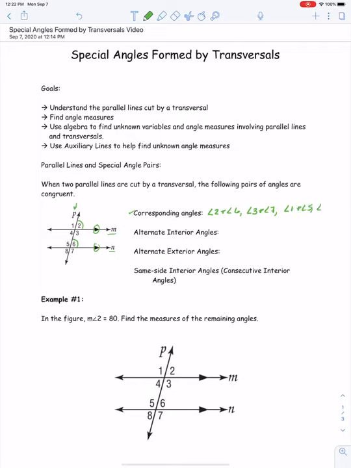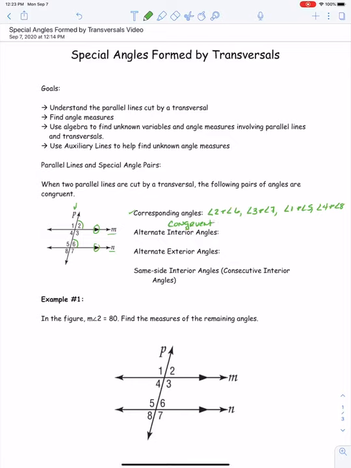And then we have angle 4 and angle 8 are all corresponding angles. Now, why are corresponding angles so important in parallel lines? Is because these angles are all going to be congruent. So all of these angles are congruent. They're congruent, which means they are equal measures, okay?